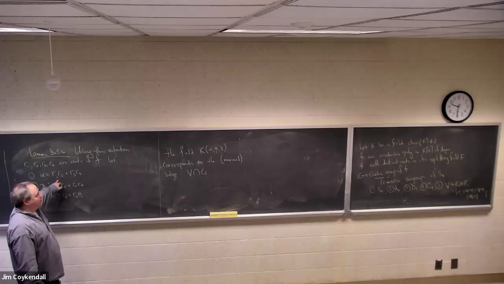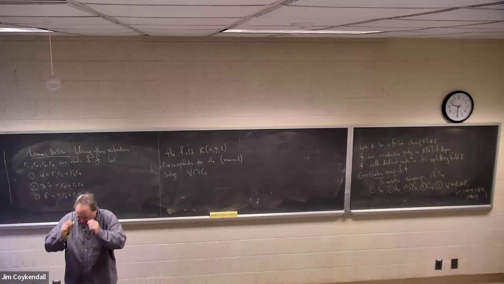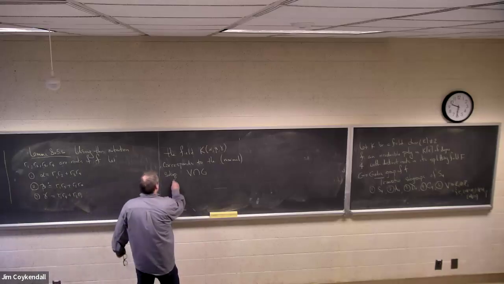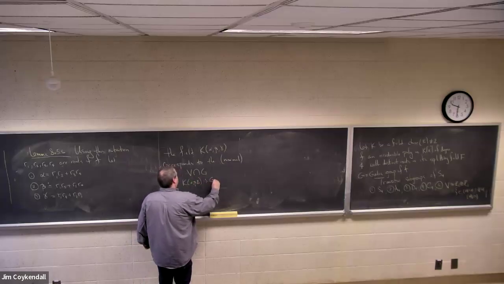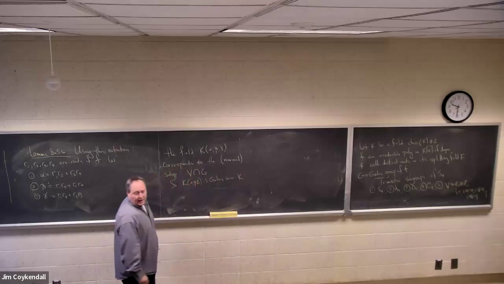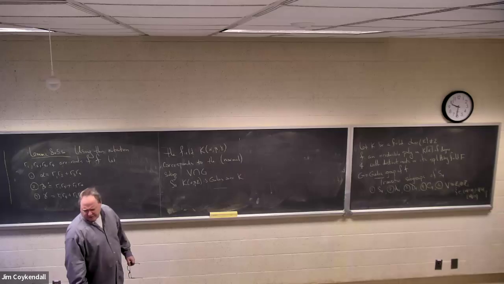Because notice that this field is fixed by the Galois actions of the set V. So that corresponds to this normal subgroup V intersect G. So in particular, K(alpha, beta, gamma) is Galois over K, and its Galois group is isomorphic to G mod that intersection.